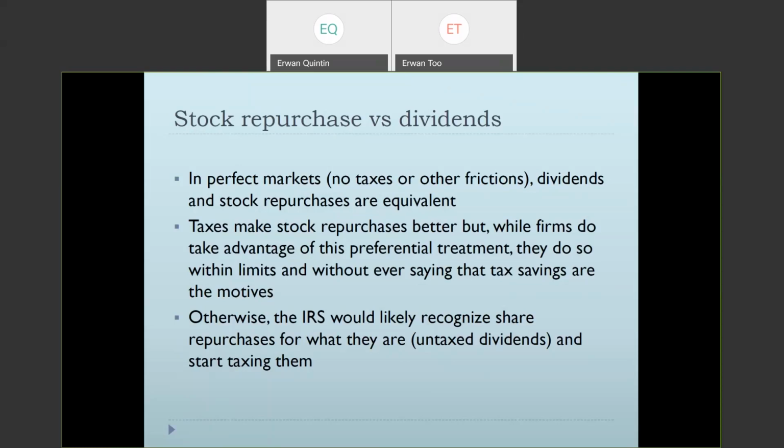The point is there is a call, for instance, for taxing stock repurchases. Now, given what we just did, the very simple example that we did, the idea of taxing stock repurchases is complicated. And it's complicated, for instance, because when there is a stock repurchase, I do not necessarily have to participate in it.